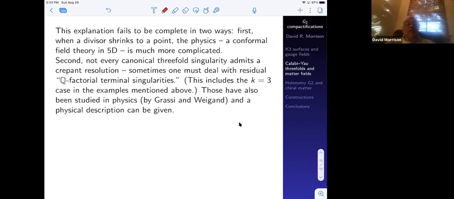So that's a really interesting type of case to study, is what are the appropriate metrics? What are the limiting metrics on Q-factorial terminal singularities? And how do we extract the physics from that situation. Those spaces have been studied in physics by Grassi and Wiegand, and some kind of physical description can be given, but I think the story is not over there, and there's something very interesting to be uncovered still.